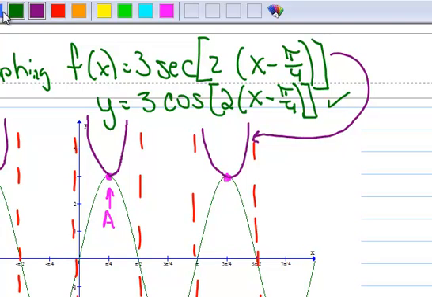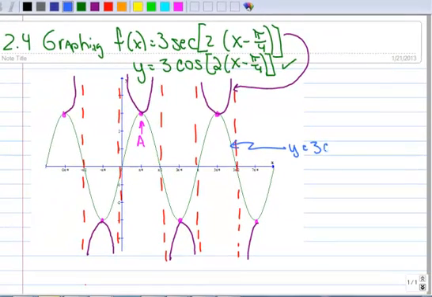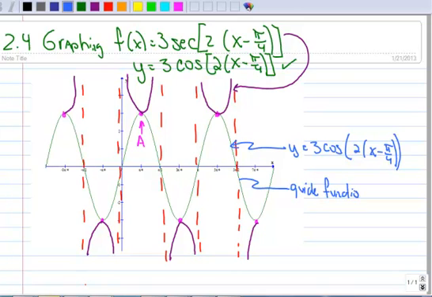And then in another location, I can just take the guide function right here and say that that's y equals 3 times the cosine of 2 times x minus pi over 4. You could even just call it guide function. That's fine, as long as you understand that it is the reciprocal function.